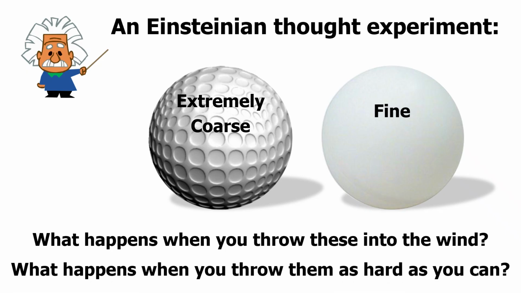So let's pick them back up, go back to where we started. And this time, we're not just going to toss them lightly in the direction of the wind. We're going to haul off and throw them as hard as we can. This is analogous to increasing the pressure behind a nozzle. Maybe we can get a droplet to go where we want it to go by really putting the pressure to it. Now, the golf ball, we may never see that again depending on how good your arm is. But it's still going to move ballistically, in a straight line, arcing up, falling down.